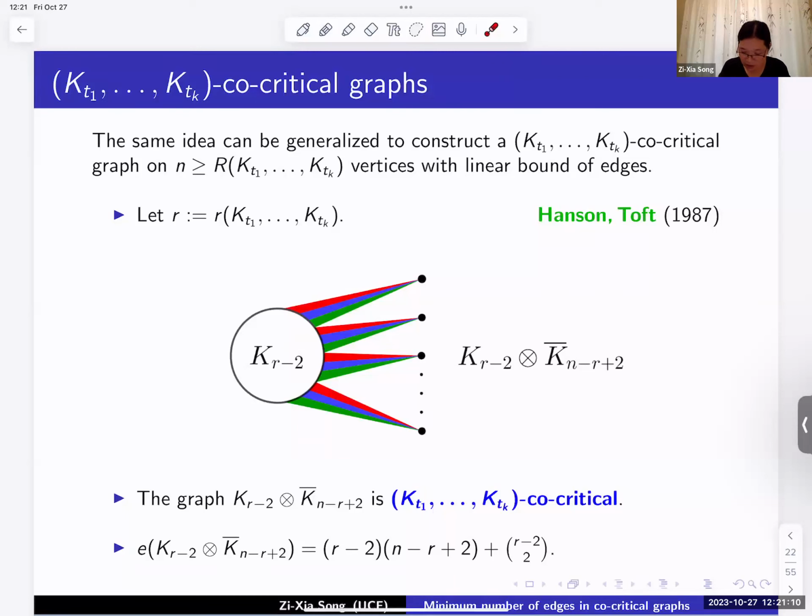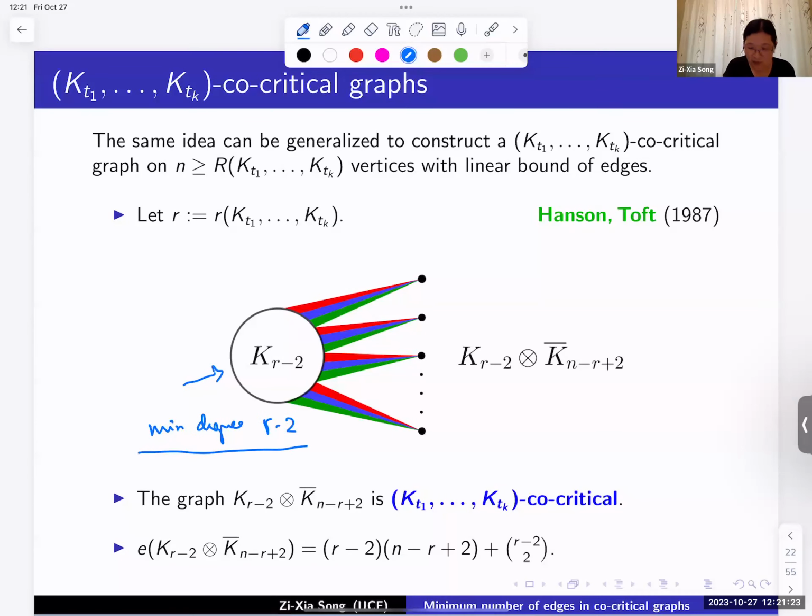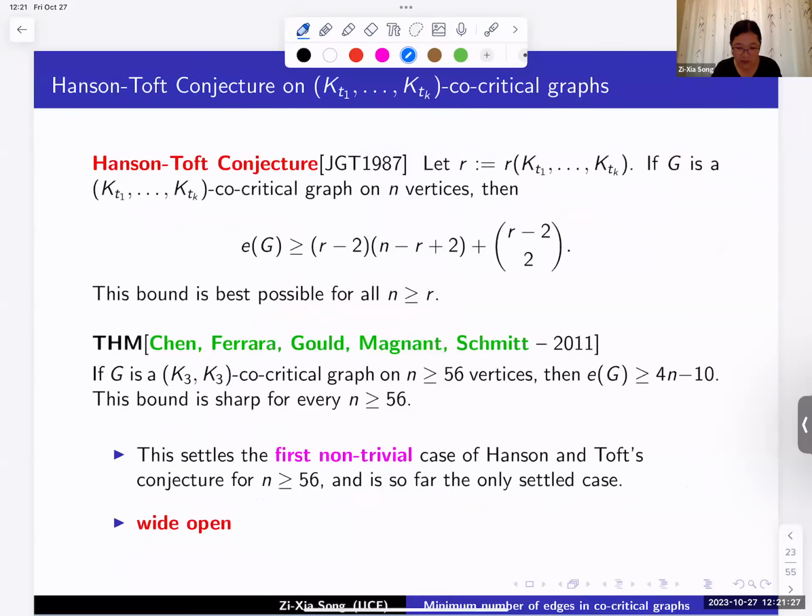So they made a conjecture here. I want you to make an observation about this graph: its minimum degree is R minus 2. So they made the following conjecture. They believe the construction they had is the lower bound here.